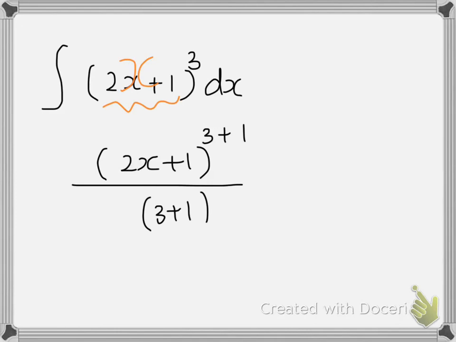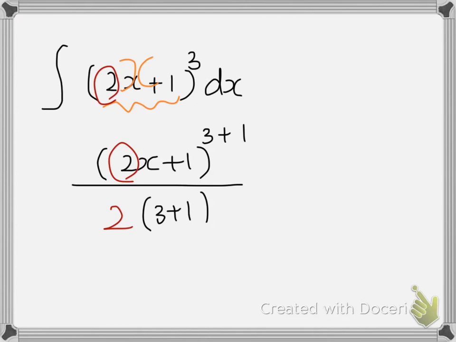Now this part is exactly the same as what we have done earlier. Now what is the extra thing here? The extra thing would be this number here, so this is where you get that 2 there. That 2 is the result of the dy/dx of 2x plus 1.